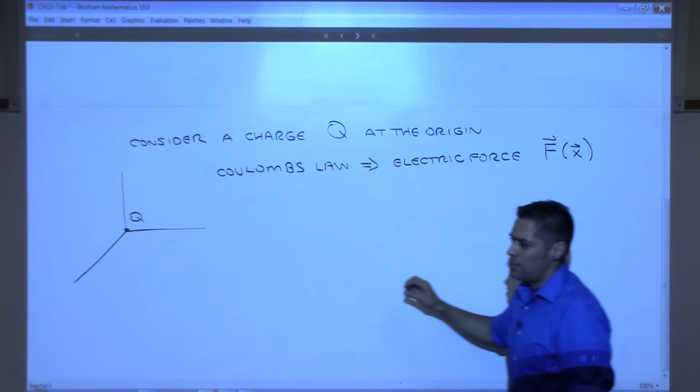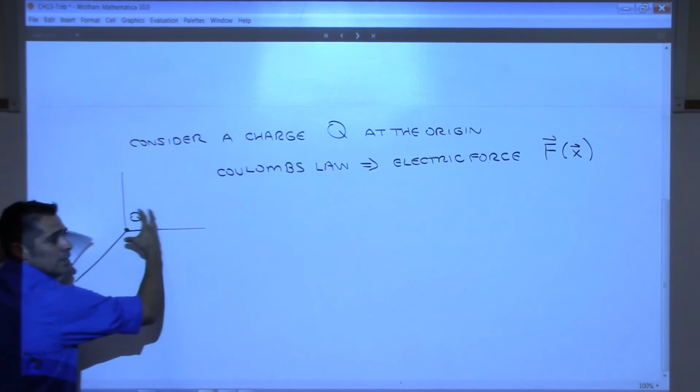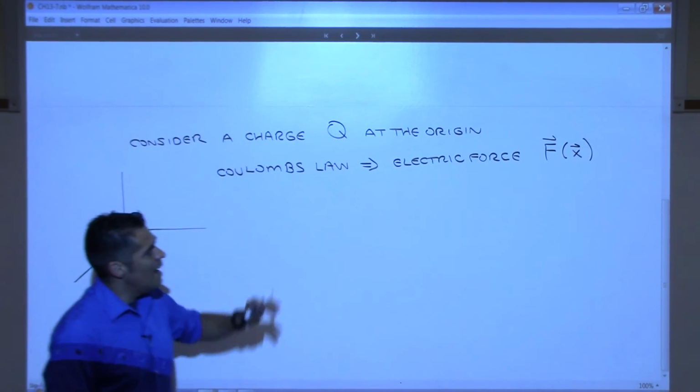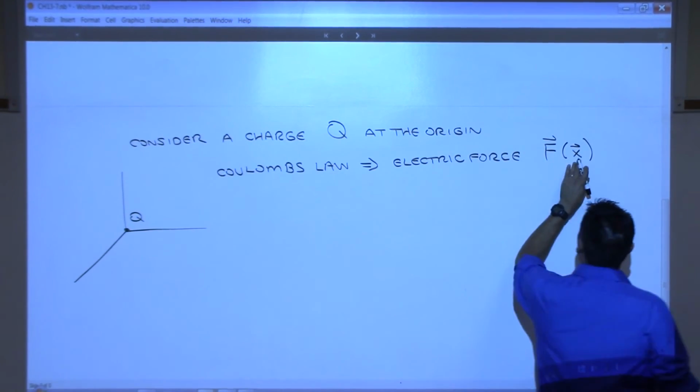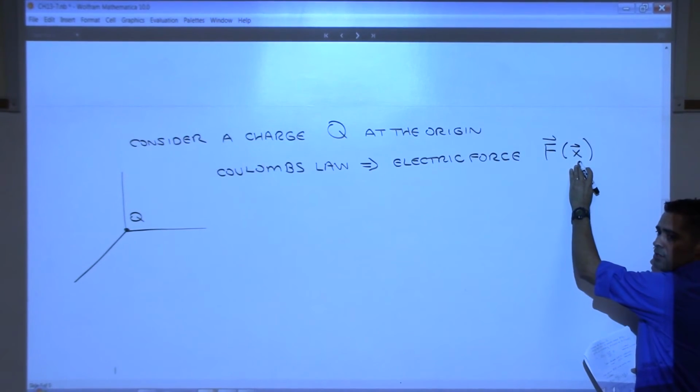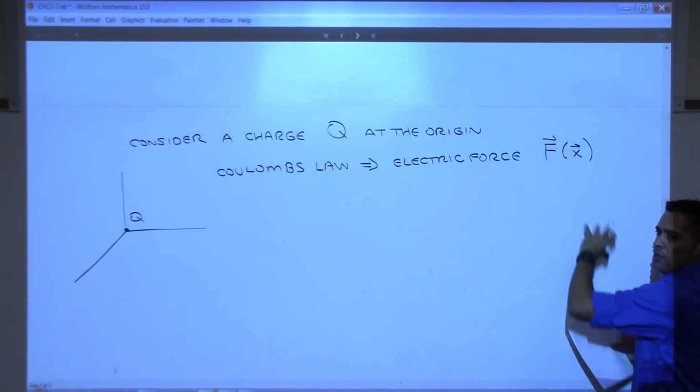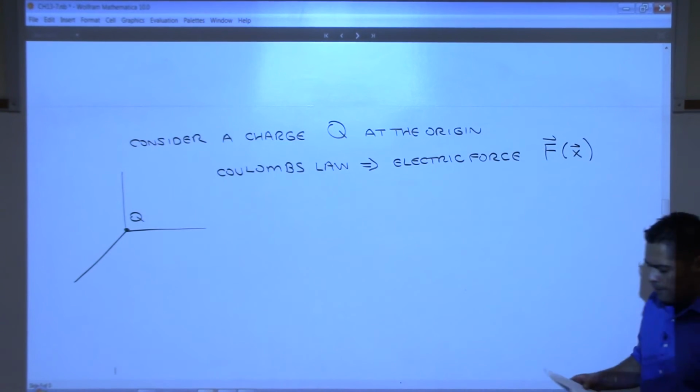So imagine that this is creating a field. The electric force F of x, now x is a vector, so you plug a vector into this field and you get an answer, and that's your force.